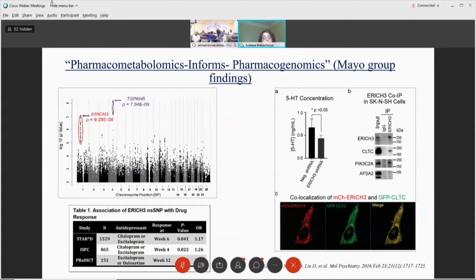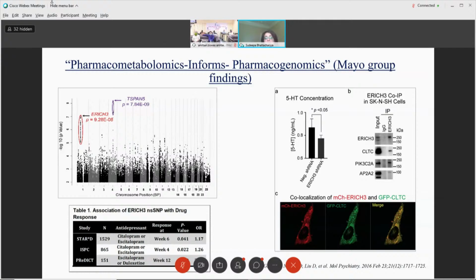building on our findings, Richard Weinshilboum's group at Mayo Clinic found two significant genes, ERICH3 and TSPAN5, that were associated with the serotonin changes that I showed a few slides back. The serotonin levels go down significantly with the drug treatment in these depression patients.